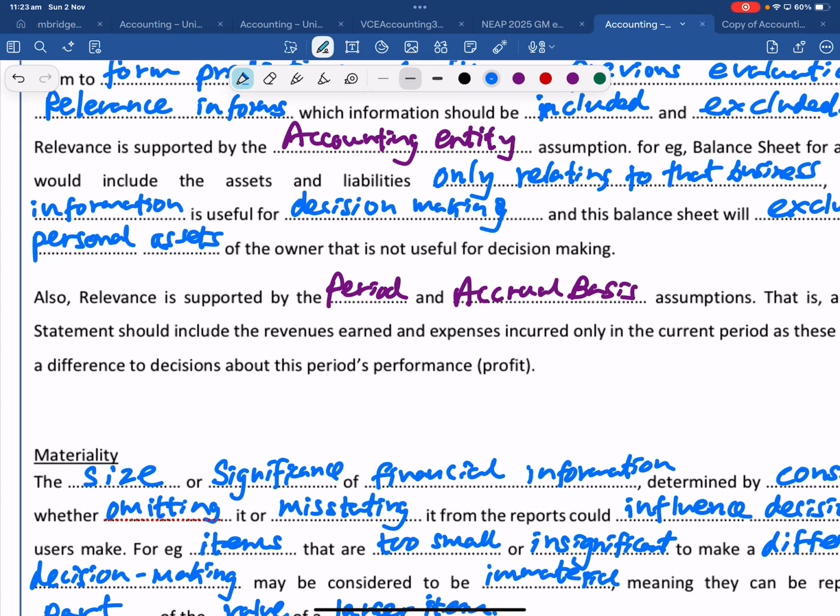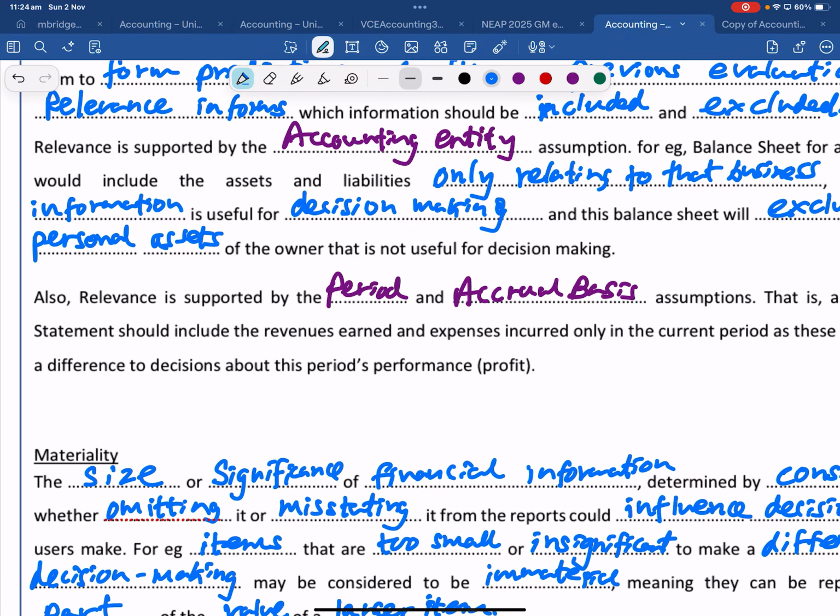Remember we said that when we report the information, we have to include information that is only related to a particular period. Accrual basis also said we have to match the revenues earned for a given period along with the expenses incurred. Then the income statement has to report all the revenues earned and expenses incurred for the period, so that we calculate the profit for the period, right?